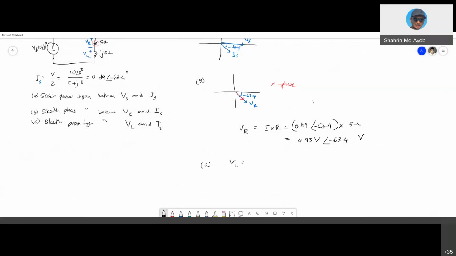So VL is I multiplied with XL. Your current is 0.89 with an angle of negative 63.4, and your XL is 10j, where j is positive 90 degrees.